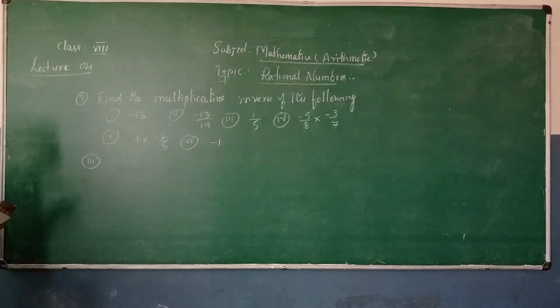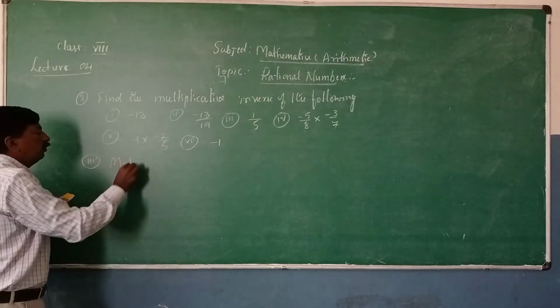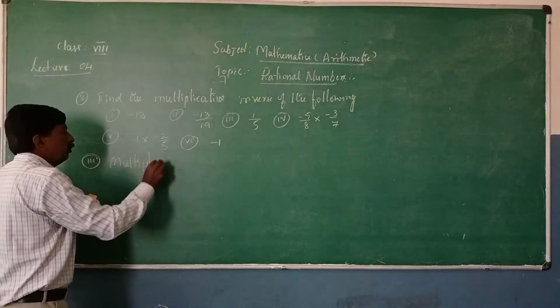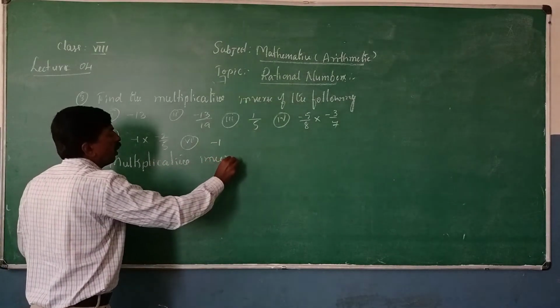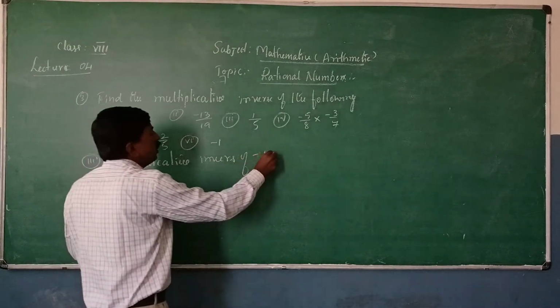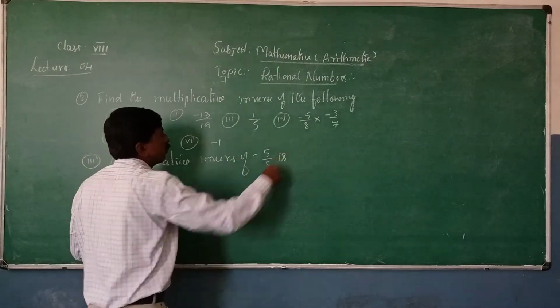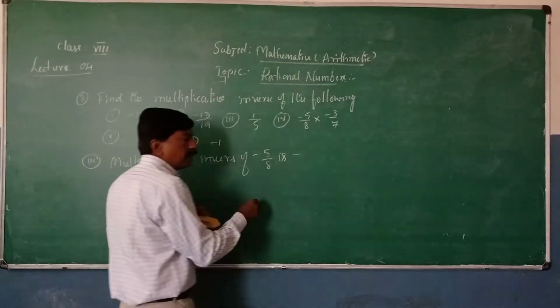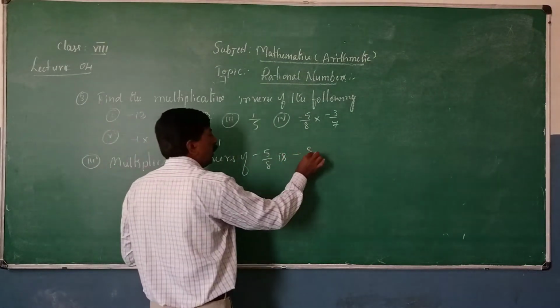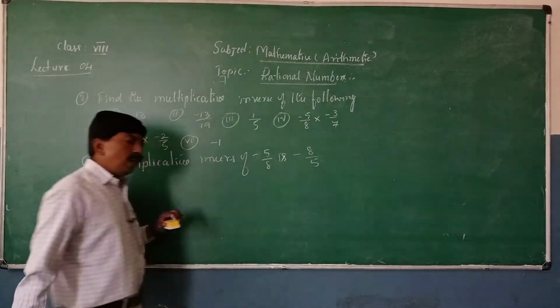It carries 1 mark. So the multiplicative inverse of minus 5 by 8 is how much? Very easy. Minus sign you can write as it is. Instead of 5 by 8, you can write 8 by 5. What is the reason?